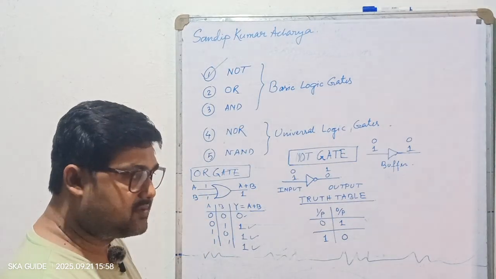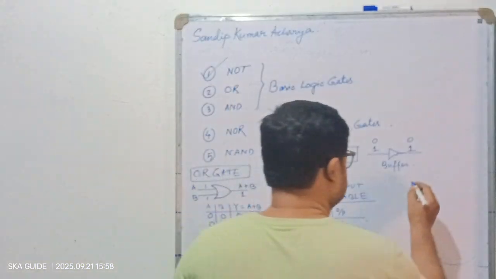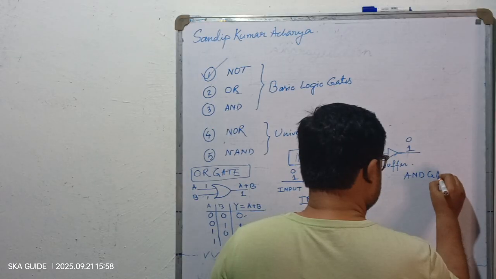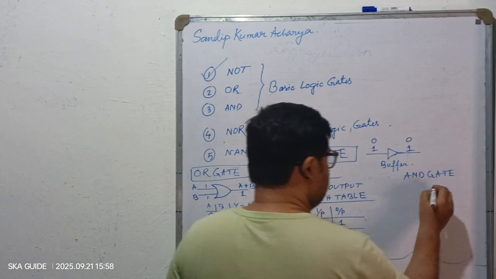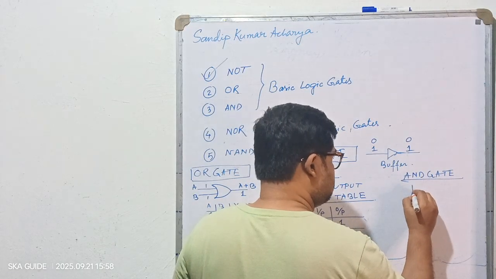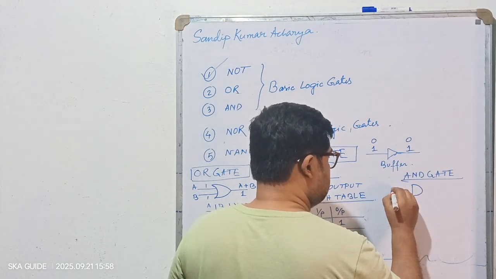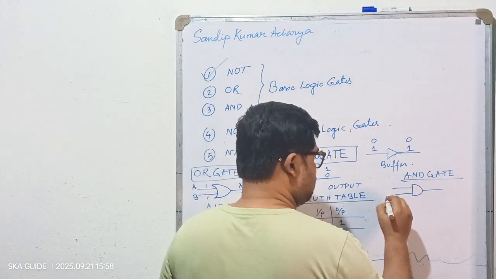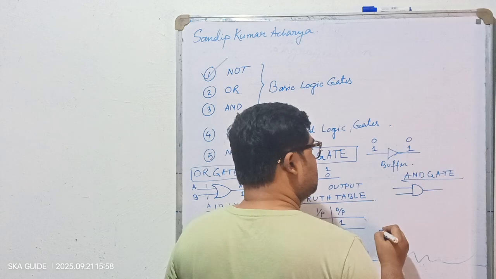Now we will discuss AND gate. AND gate, the circuit is like D. It has two inputs and one output here.